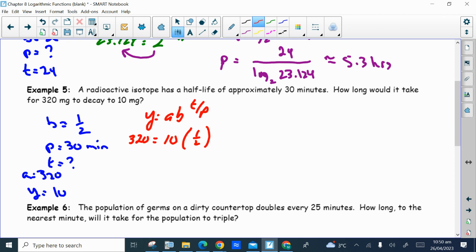It's starting with 320, that's our initial amount. It's decaying to 10, that's the amount at the end. Oh, I wrote them in backwards. T is what we're looking for over P, which is every 30 minutes. So T will be in minutes because remember, T and P are always in the same unit.